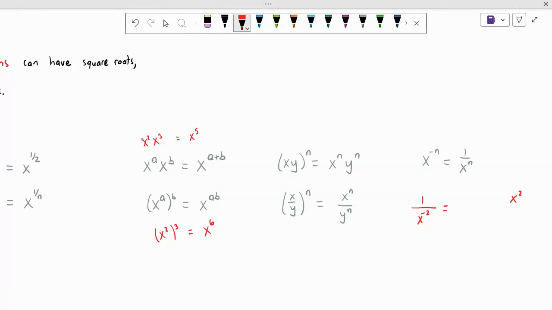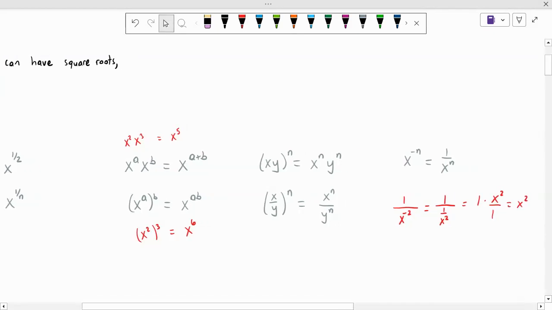And you can easily justify that because we know that x to the minus 2 is 1 over x squared, according to this rule up here. And then when you're dividing by a fraction, you would multiply by the reciprocal. So 1 over x to the minus 2 is equivalent to x squared. Okay.